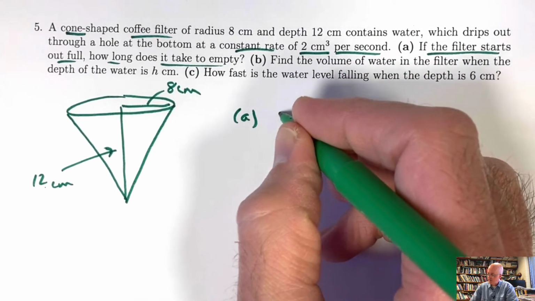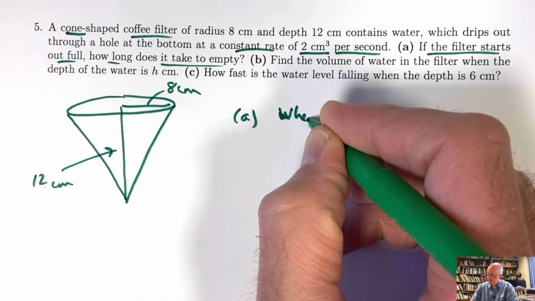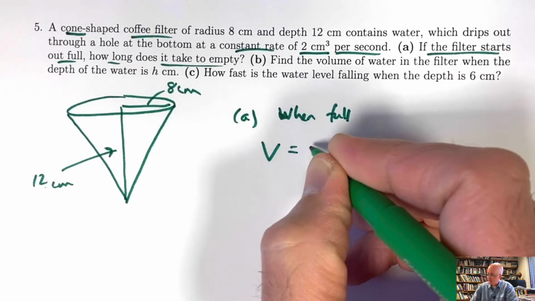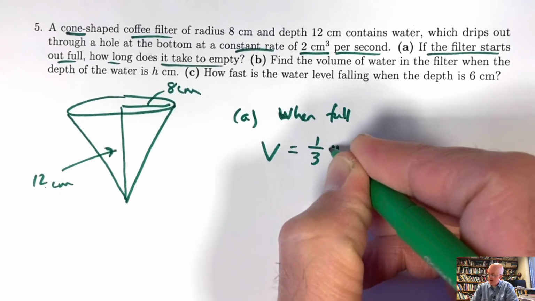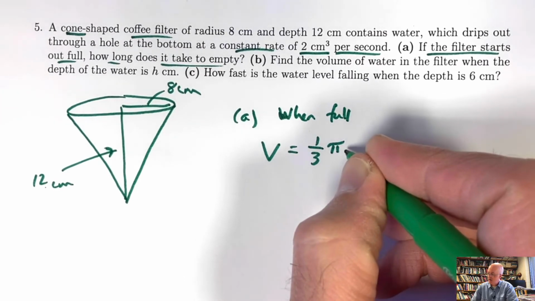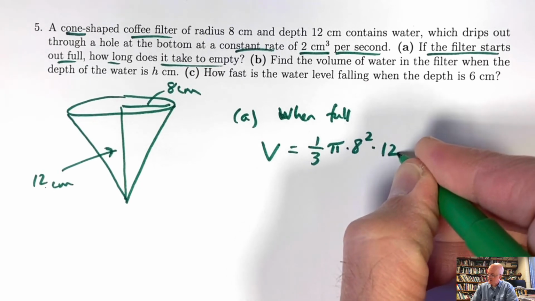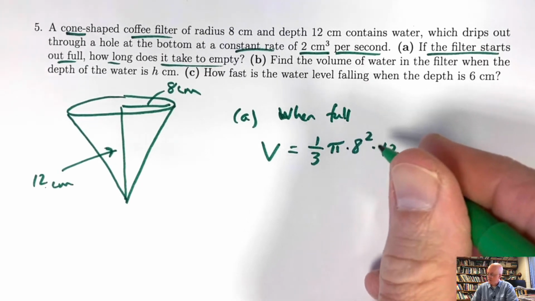So when full, the volume of a cone, remember, is 1/3 pi times r squared, which in this case is 8 squared, times the height, which is 12. We can do a little cancellation here.